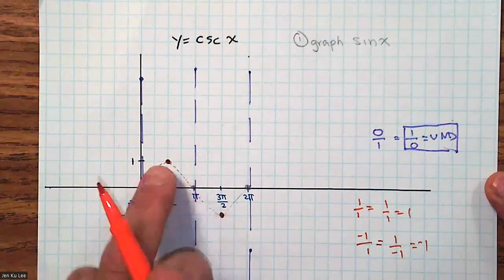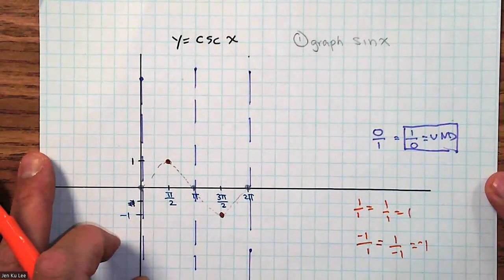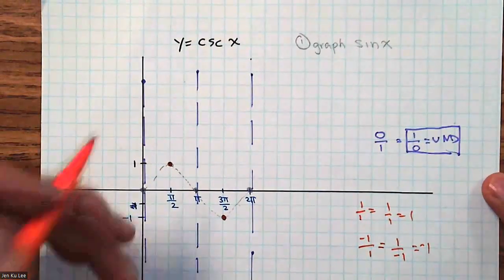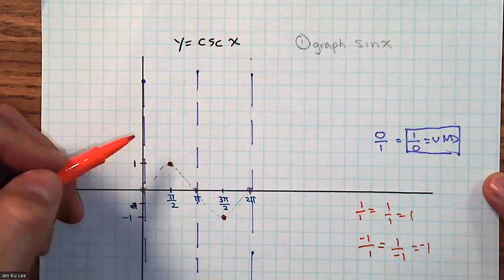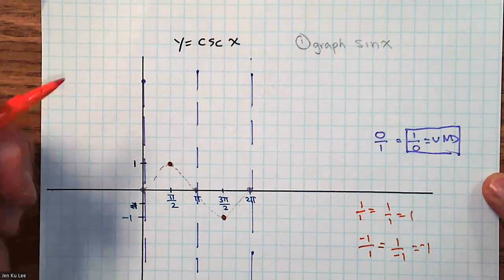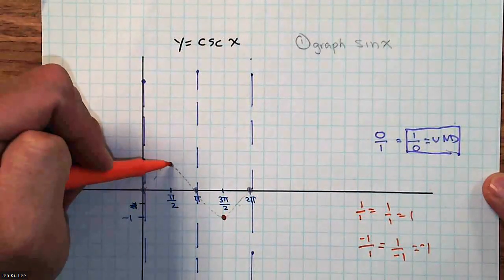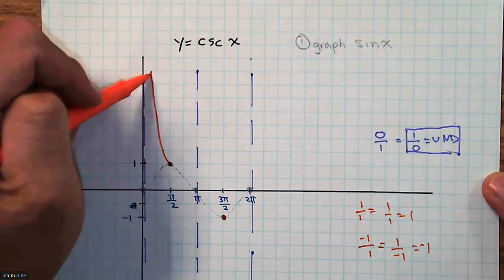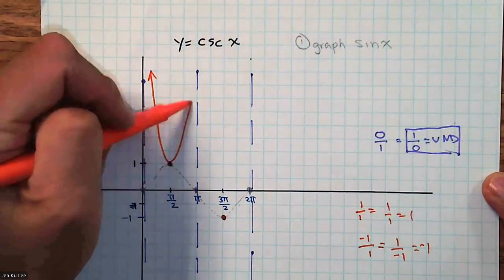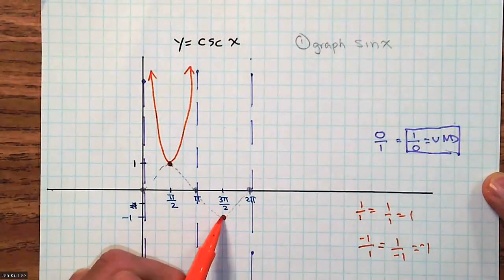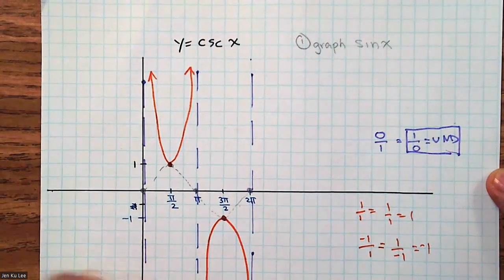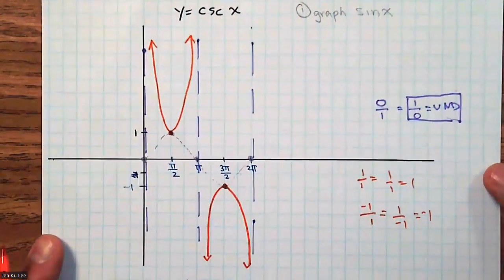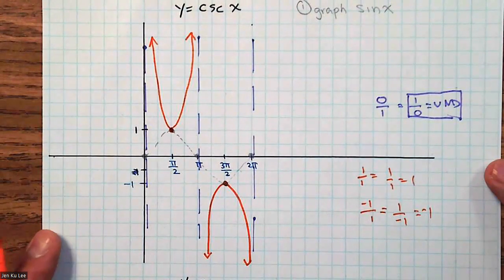So those 2 points exist on my cosecant graph, okay? And what we're gonna do here and here, these you guys can treat as my vertex of the parabola. The parabola will go away from the sine graph towards my asymptotes. Away from the sine graph and towards my asymptotes. And that is the cosecant graph, okay?